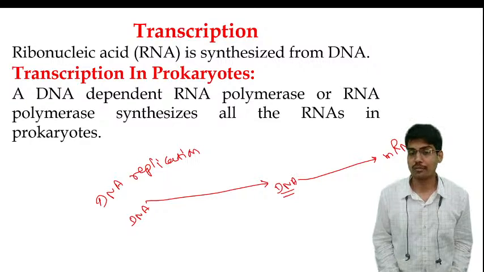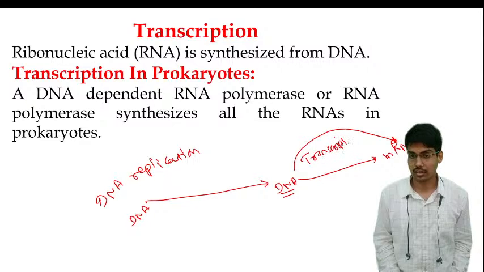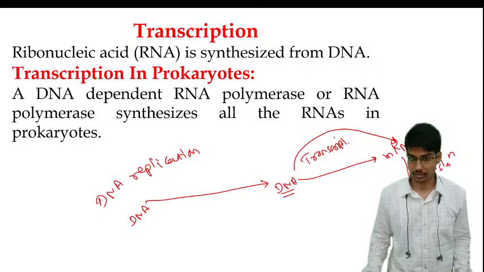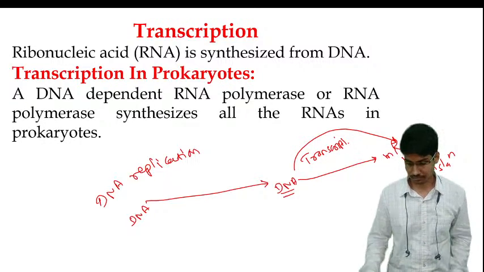So the transfer of this DNA into the mRNA is called what? Transcription. Tomorrow we will see about the translation. Now what is meant by translation? Translation means nothing but this mRNA will be translated into a protein, any particular protein. So that is the case with the translation.